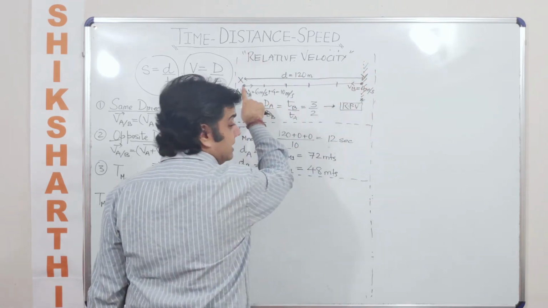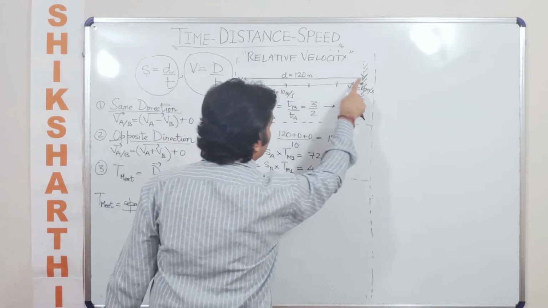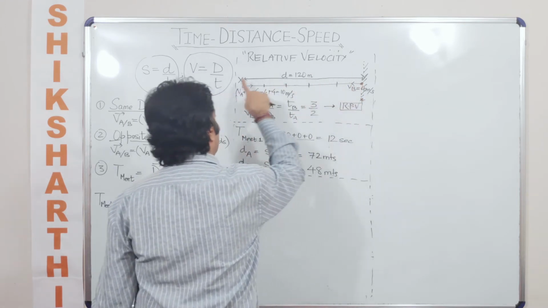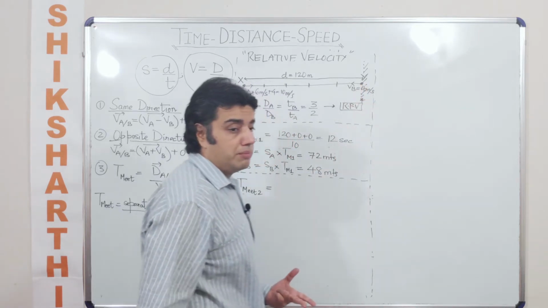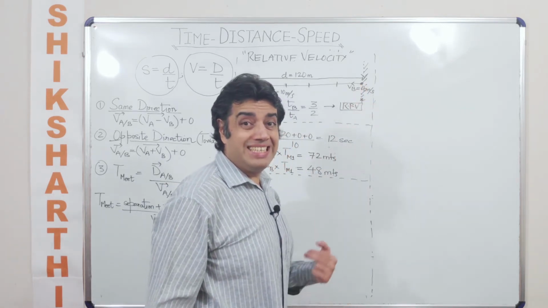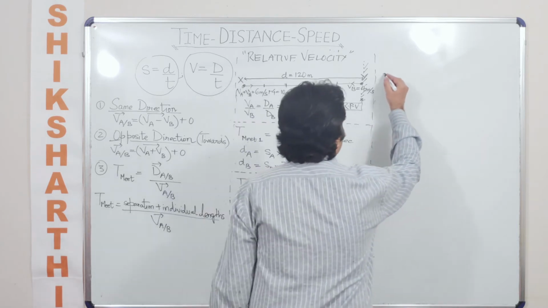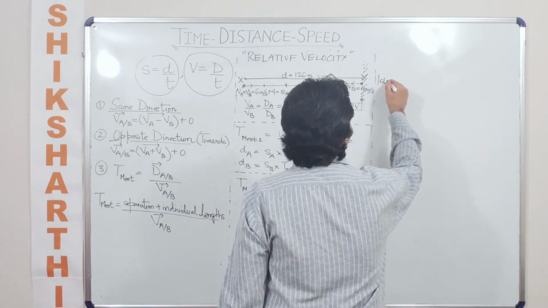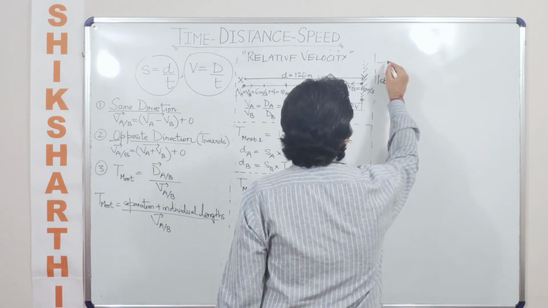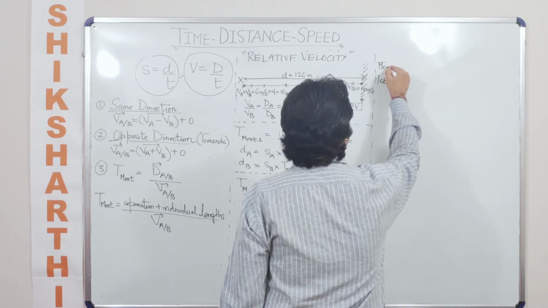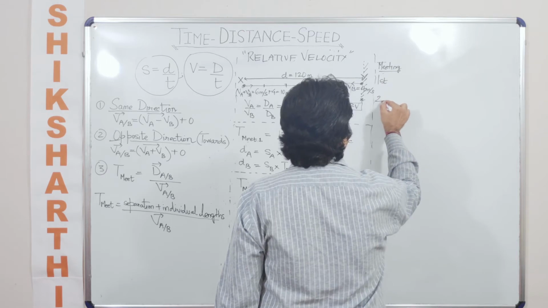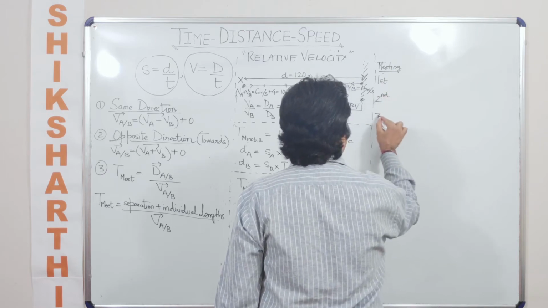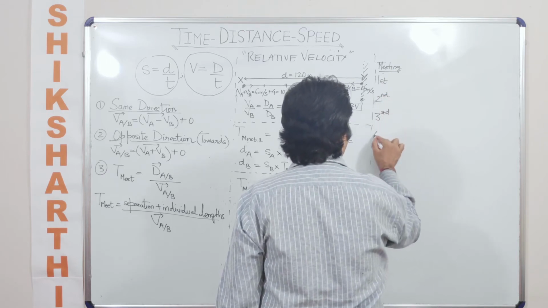So when is the second time they are going to meet? 1 is the first time, 2, 3. So how much distance would have been traveled in total? 3D. Let's put it like this: first meeting, second meeting, third meeting, fourth meeting.